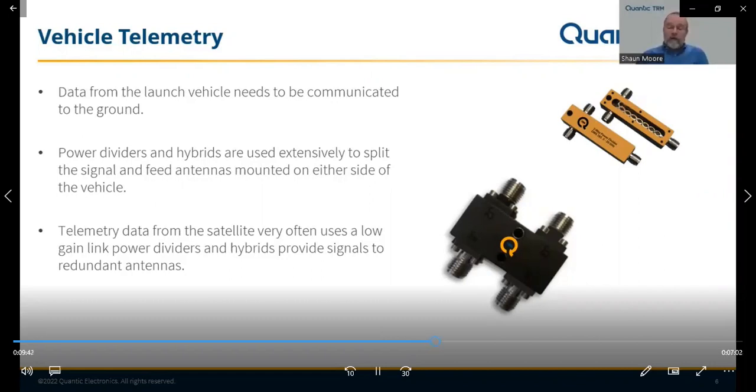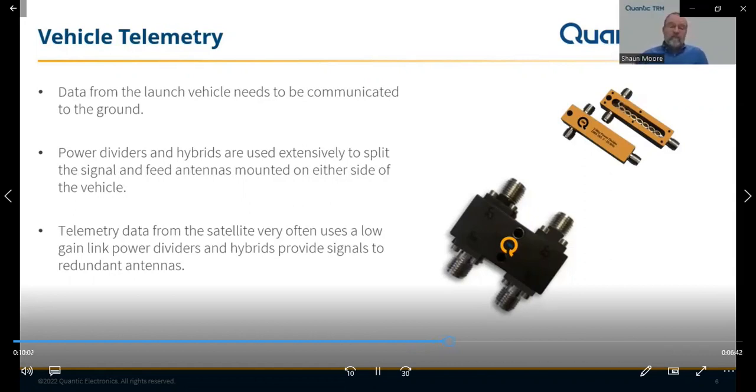So again, a lot of really good applications here, for some relatively simple parts, but very critical parts to the system to make sure that the data does get from its unit out to the apertures and back down to the ground again.